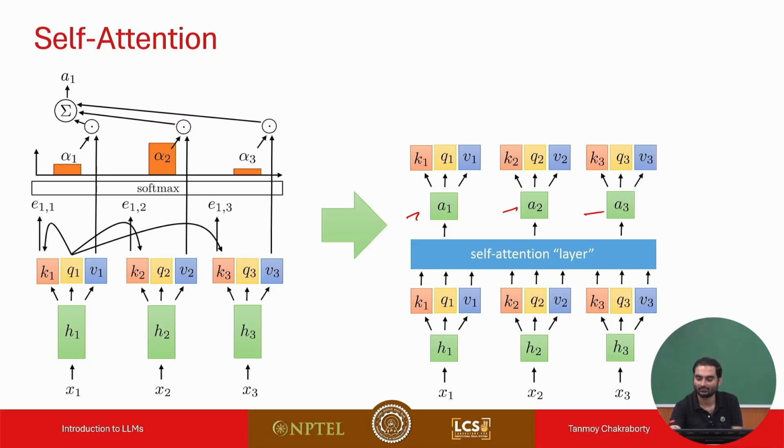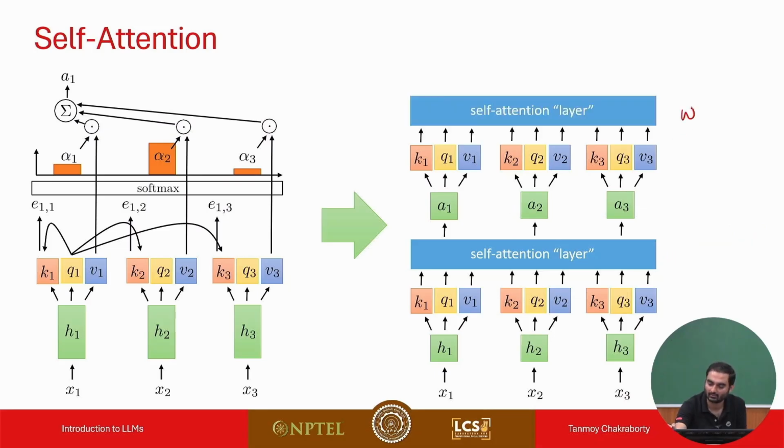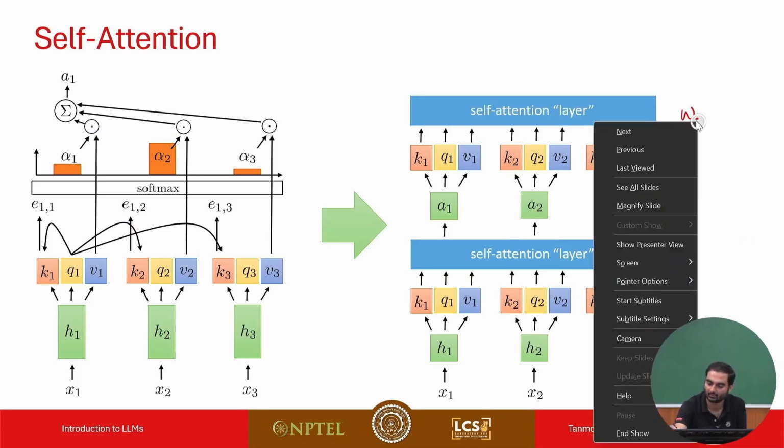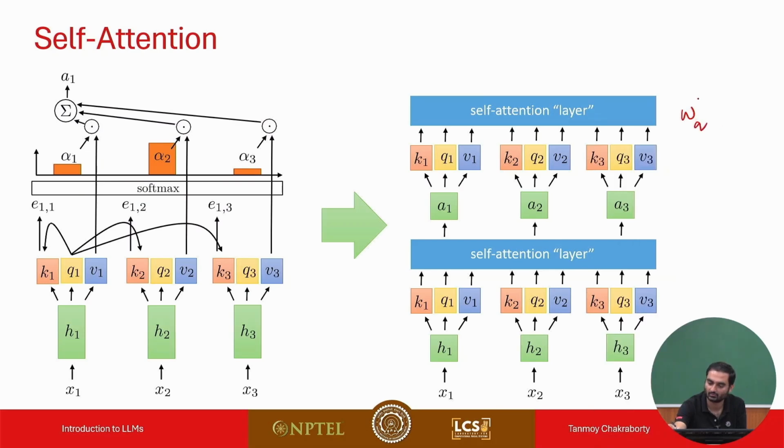At the first layer you have, let's say, WQ1, WK1, WV1. At layer 2 you have WQ2, WK2, WV2. These matrices are not shared across layers. Matrices are shared across tokens, but not across layers.